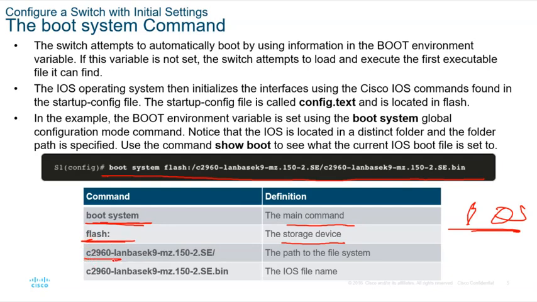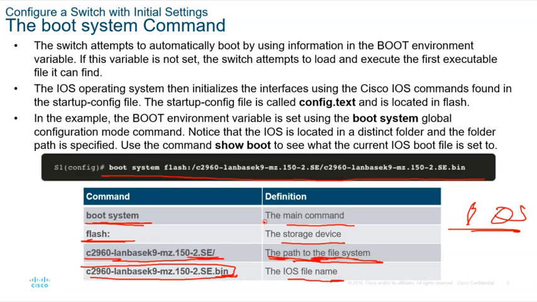Then we have this, which is the path to the file system or the folder where it is. And then lastly, we have the file itself. This is the IOS file name.